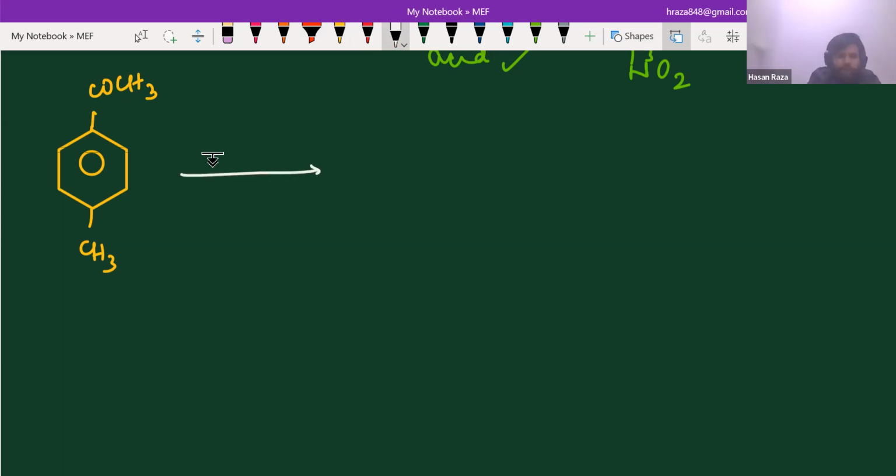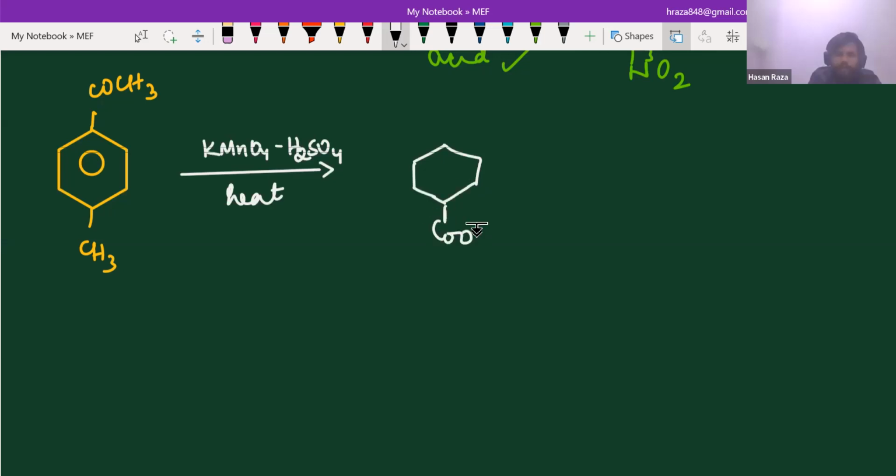So you are going to do KMnO4 and H2SO4 and heat. So you know that this hydrogen will be removed, and it will be converted into C double bond OK. In the same way, this will be oxidized to C double bond OK, which is a salt.